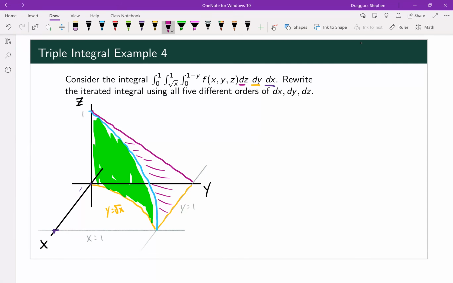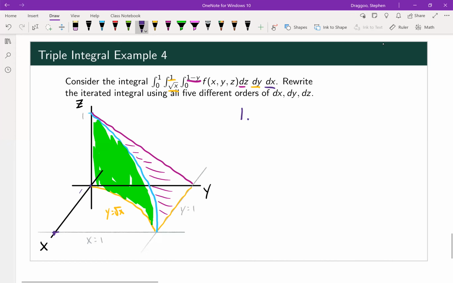Okay, so given where all that stuff came from, I'll re-highlight, that was in terms of Z. The yellow lines came from the Y equals stuff. And we know that X is going from 0 to 1. So if I trace back through what my steps were, starting with 1. Step 1, I wanted to draw out my X bounds because that was the outermost integral.